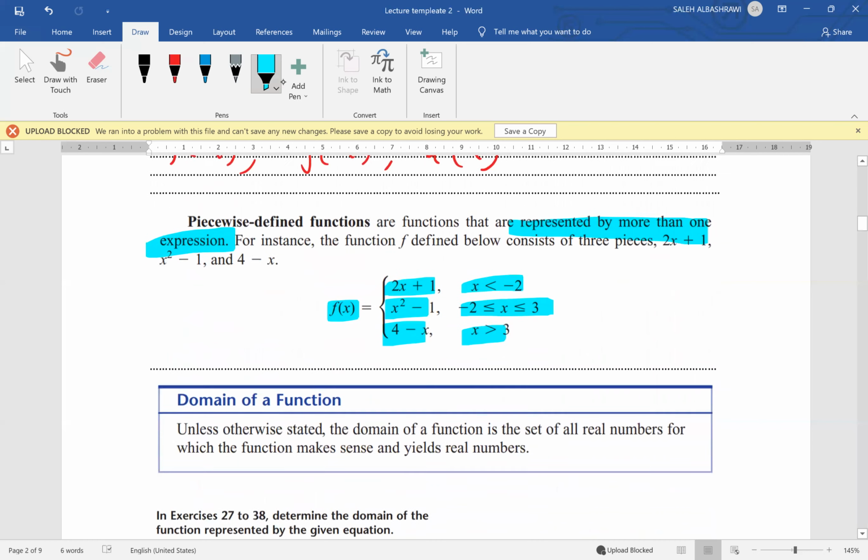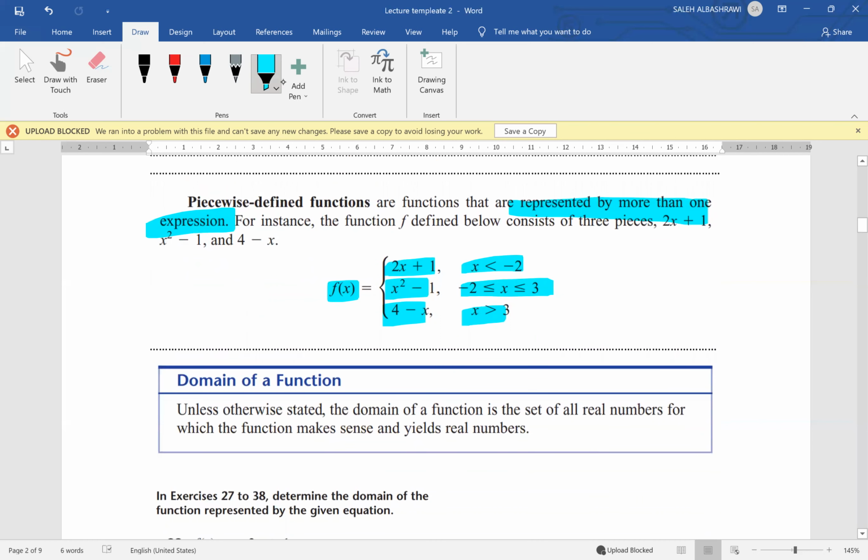And the domain for the function, whether it is written as a set of ordered pairs or in function notation, we can say in general, unless otherwise stated, the domain of a function is the set of all real numbers for which the function makes sense. It means that it can give me a value. When I replace the independent variable by any value, I will have a real number.